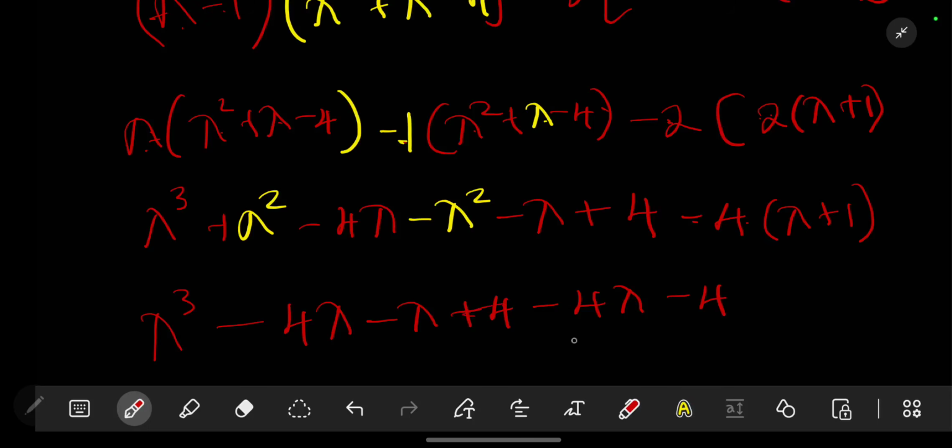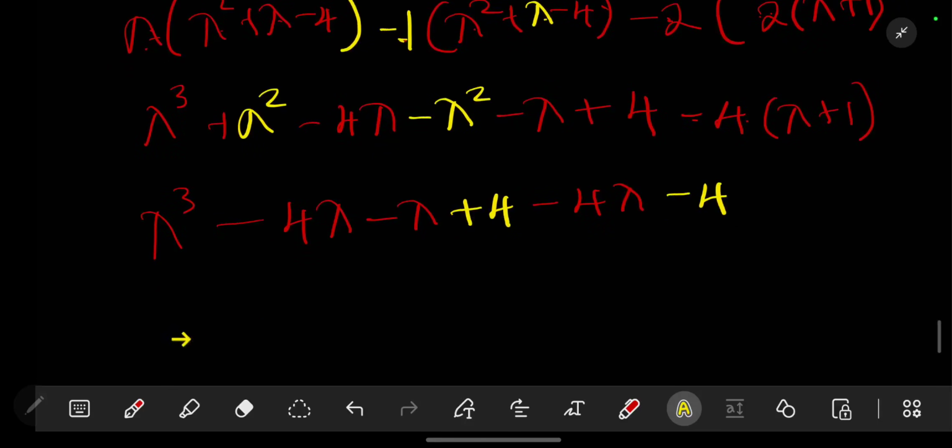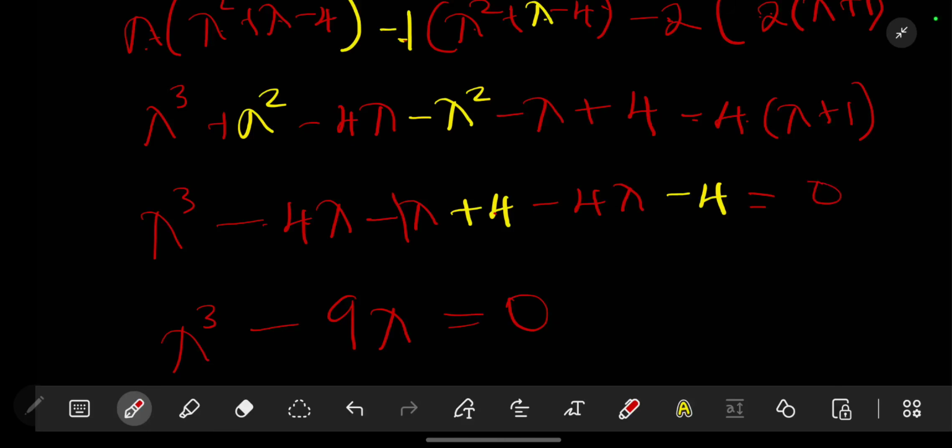So as you can see, positive 4 minus 4 will give us 0. So we have lambda to the third, minus 4 lambda minus lambda, which is negative 5 lambda, minus 4 lambda is negative 9 lambda. Negative 4 plus positive 4 minus 4 is 0. So this will be equal to 0 like that.